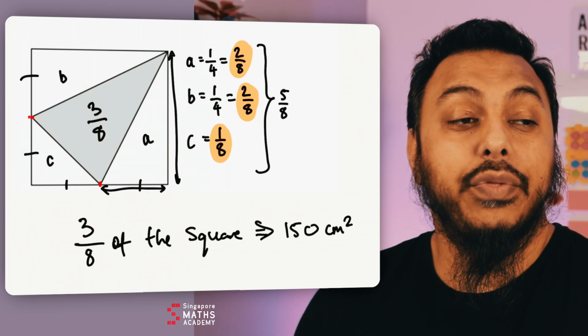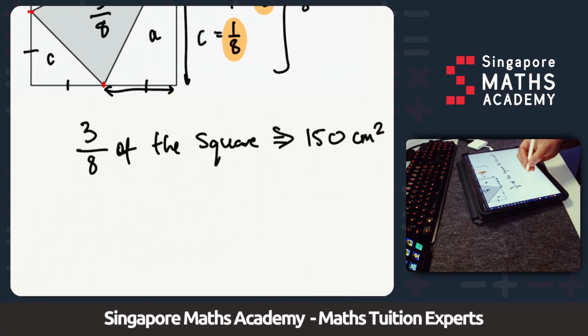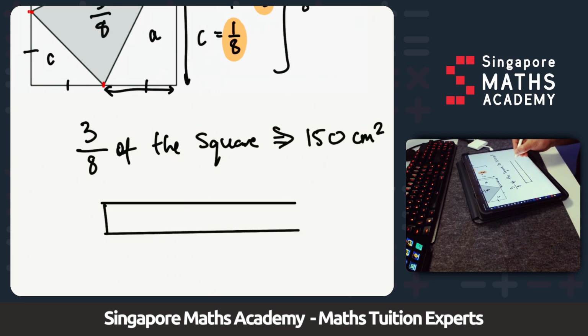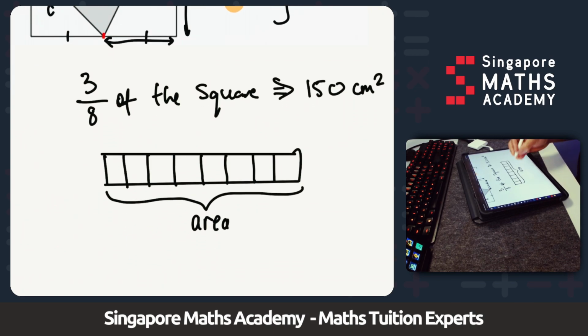So if I know 3/8 of the square is 150 square centimeters, then let me do this in my way, because some of us might not be sure. Maybe about here, that's half. These are my rough quarters, these are my eighths. This is the area of the whole square.